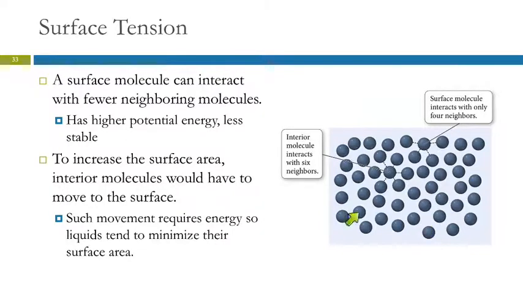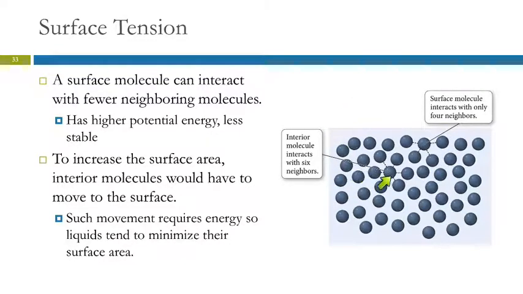Well, here we have a two-dimensional illustration of particles. Let's call them water molecules. So if we look at a surface molecule, it has interactions between its neighbors side to side, and then also with the neighbors on the inside, to the interior. So this is the surface of the water.